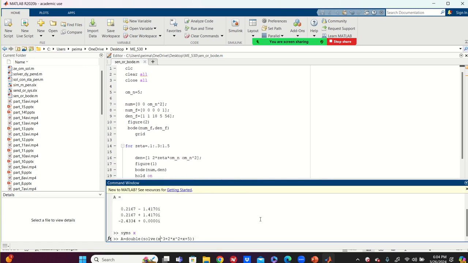Can you read the coefficients for me? s^5 is 1, s^4 coefficient is 2, s^3 is 10, s^2 is 2, s^1 is 4, and finally 10, that's right. Oops, again, two right-hand side poles.